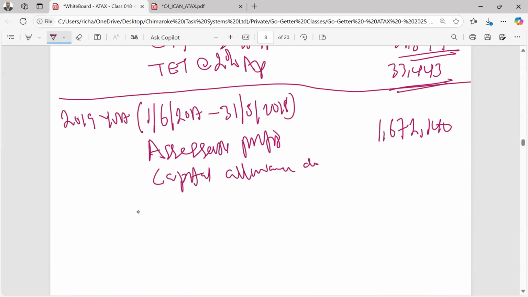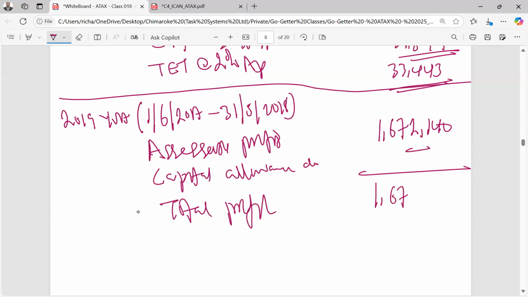Capital allowance due, dash. There is no brought forward also. And so this is going to give us total profit to be 1,672,140.